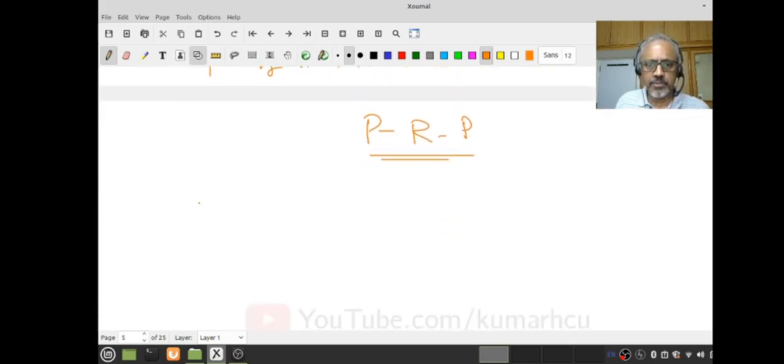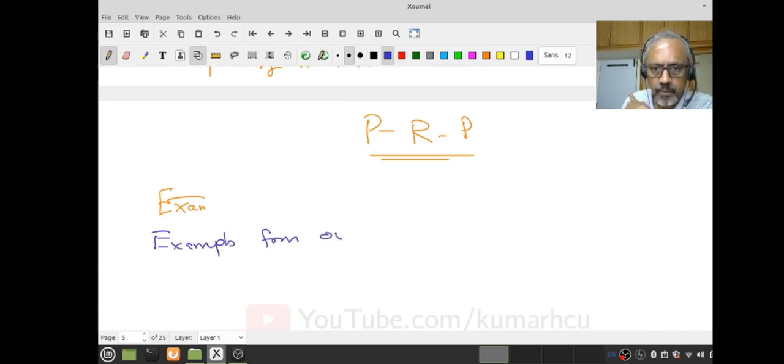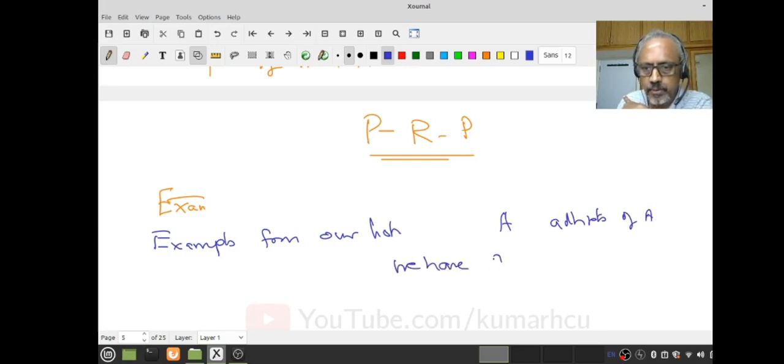So if you notice in our various examples, let me change the color. In many of the examples from our list, we have found the set A, we find its adherent points of A. That means we have found the closure of A, right? That's it.